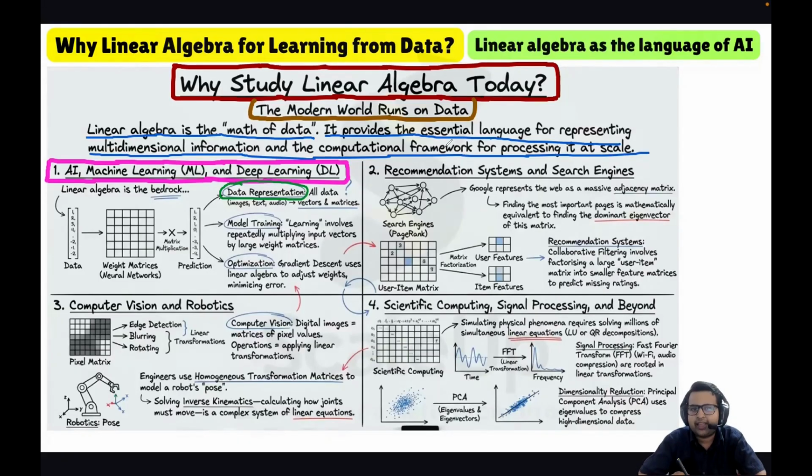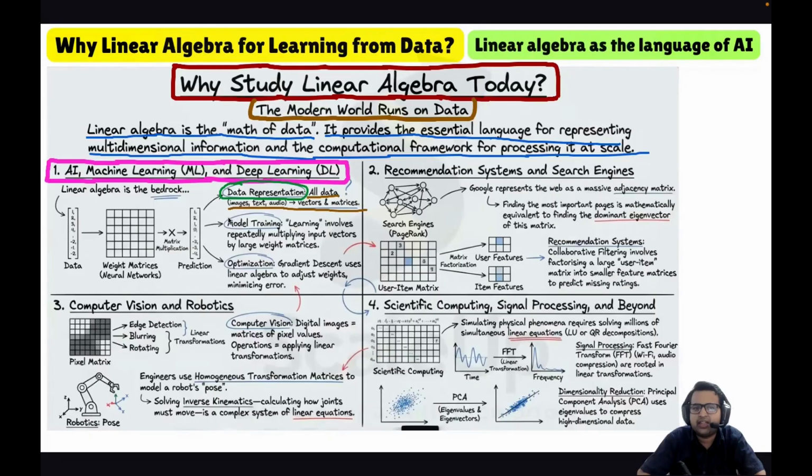Whether the data is textual data, images, or audio, we convert it into vectors and matrices, and then we compute with it. If we are talking about vectors and matrices, we are talking about linear algebra. So linear algebra is used for data representation in AI, ML, and deep learning.